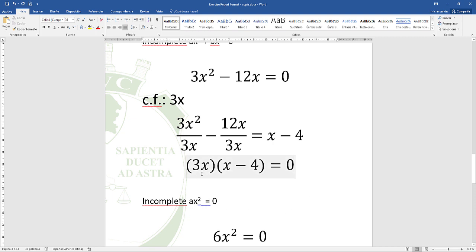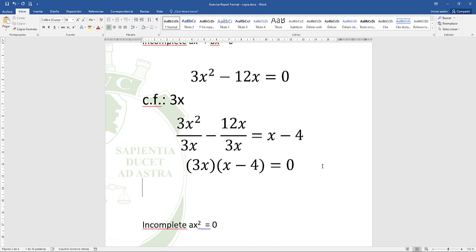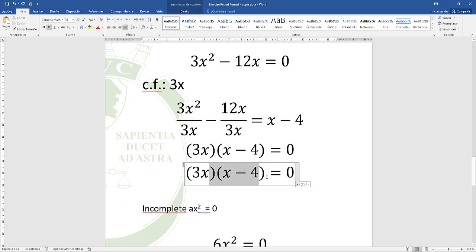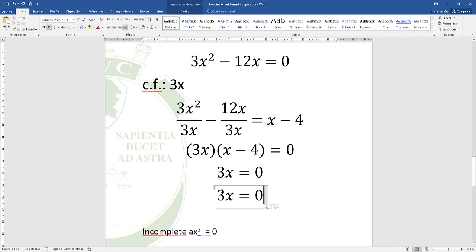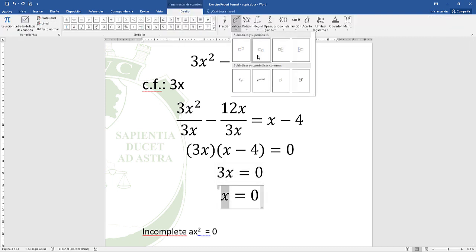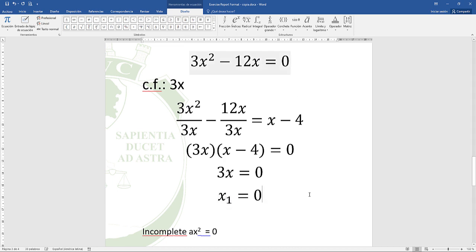If you multiply that, 3x times x is 3x squared, and 3x times minus 4 is minus 12x. So you have here the solution. One x, remember, will be 0 always in that kind of exercise. So in that case x1 will be 0.